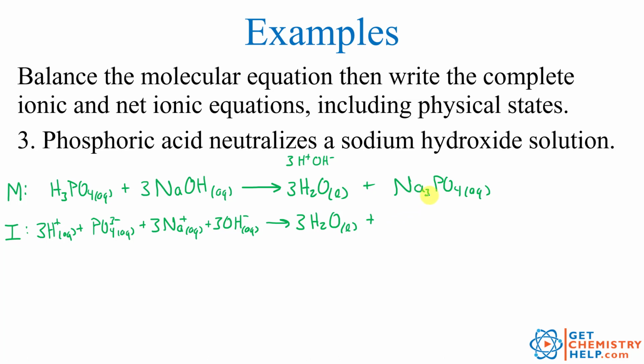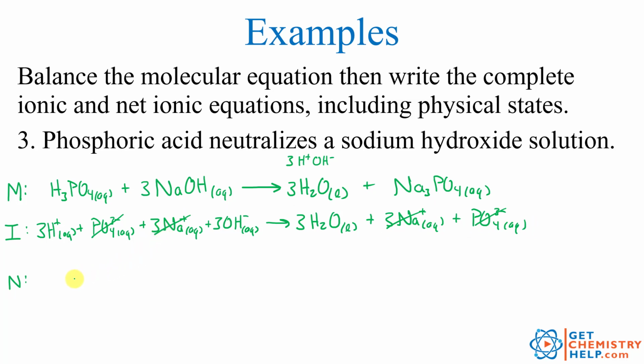So that'll form 3 sodium ions and 1 phosphate ion, also soluble. So next, we're going to identify and cross out any spectator ions. So what ions do you see on both the reactants and the product side? Well, I see a phosphate on both sides, and I see 3 sodiums on both sides.